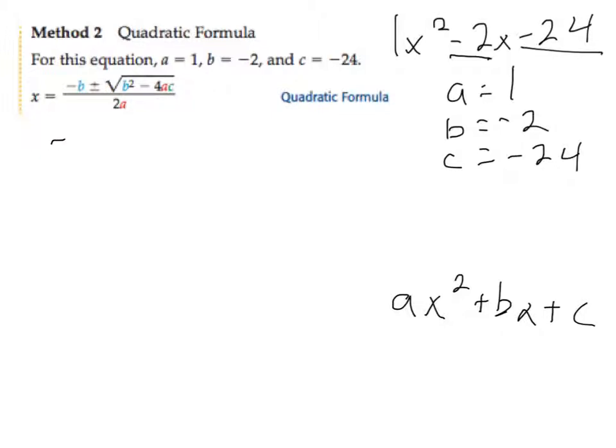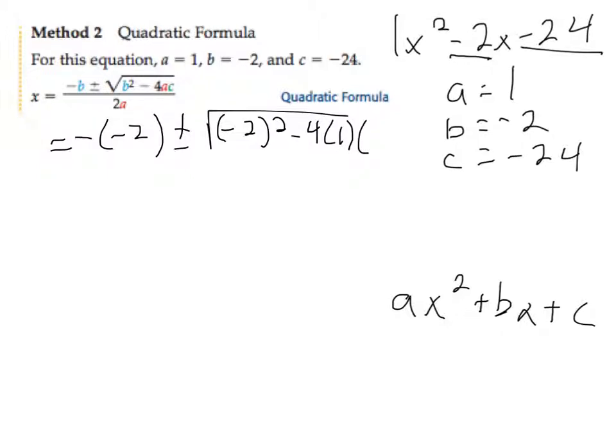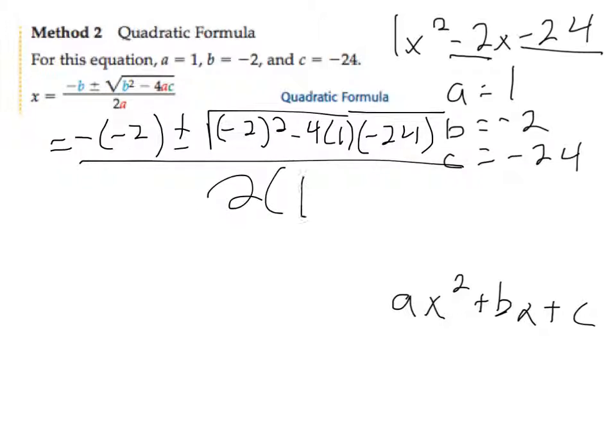So x equals negative b, which is negative 2, plus or minus the square root of negative 2 squared minus 4 times a, which is 1, times c, which is negative 24. This is all under the radical, divided by 2 times 1.